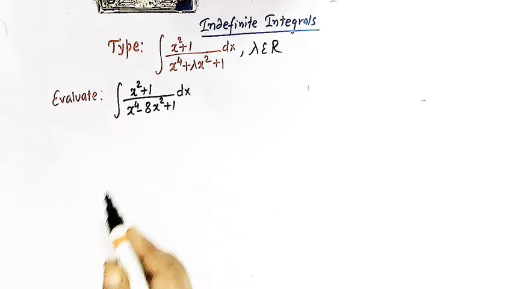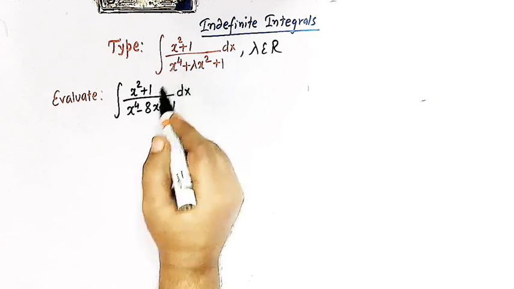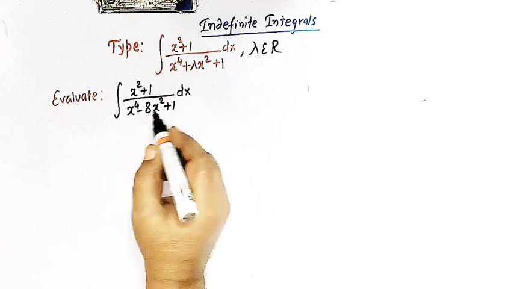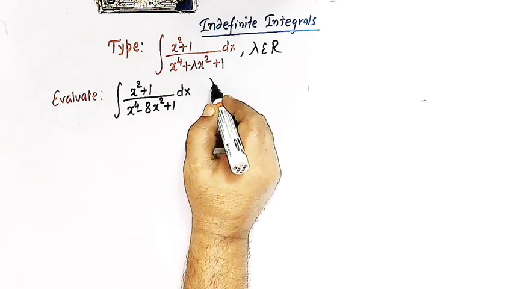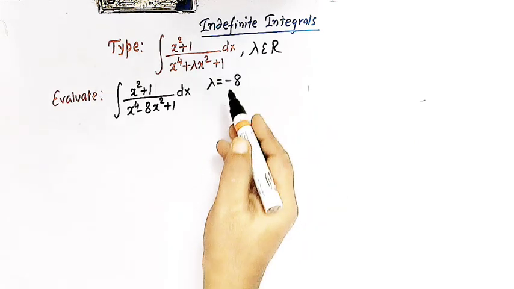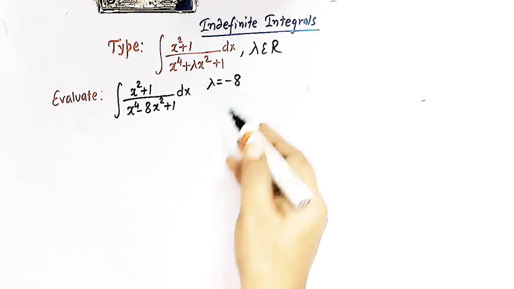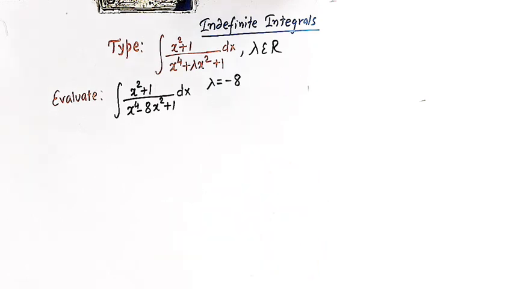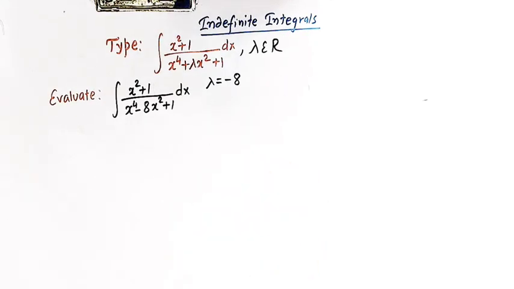And if we compare these two denominators, we can see that the value of lambda is equal to minus 8, and this clearly belongs to the set of real numbers.